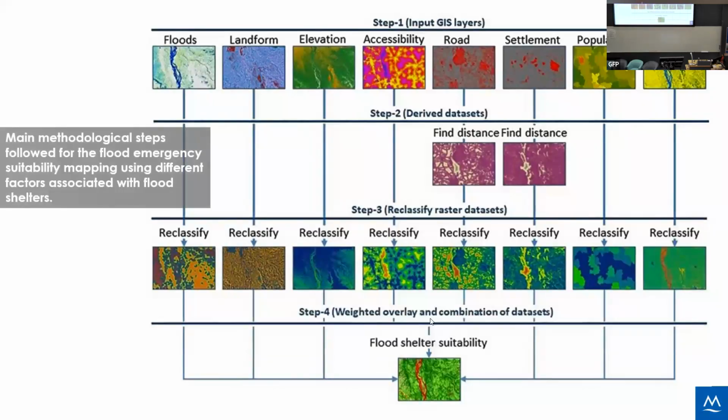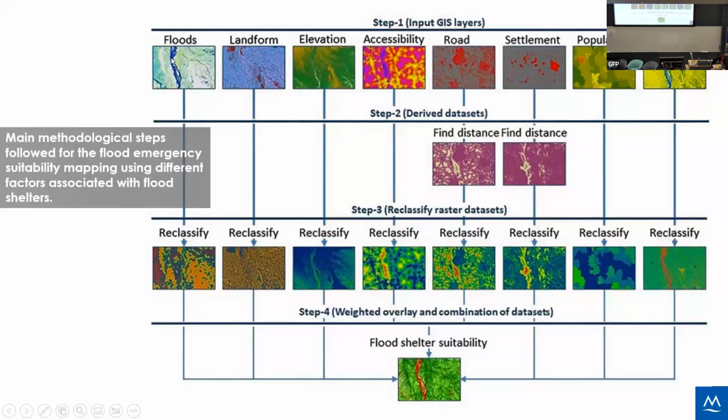After doing such flood mapping, we try to see where people can easily evacuate. After doing flood inundation mapping for different months, we try to see where people should go if a flood is coming. For this we consider many layers.